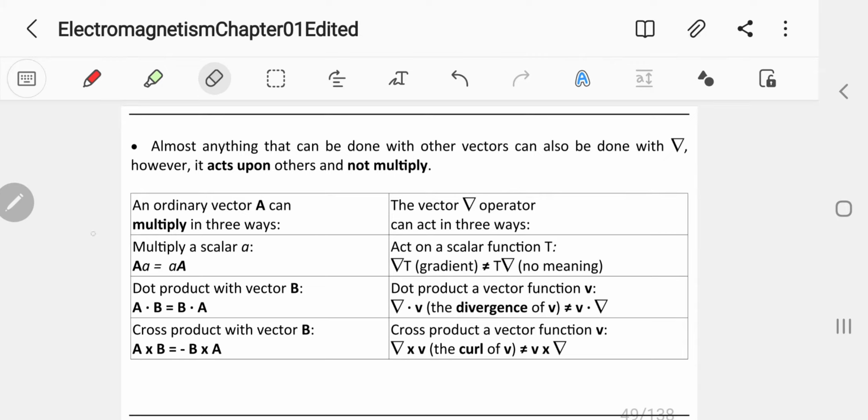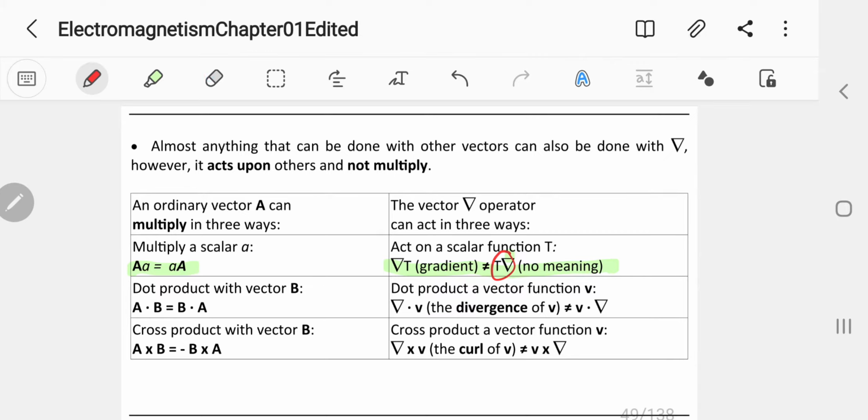So here's the difference between ordinary vectors and the del operator. If you multiply a vector with a scalar, that is just commutative. But if you do this, a gradient is not equal to this one. This one is meaningless.